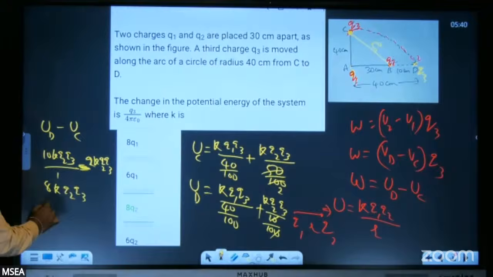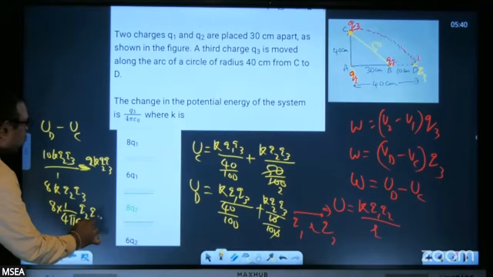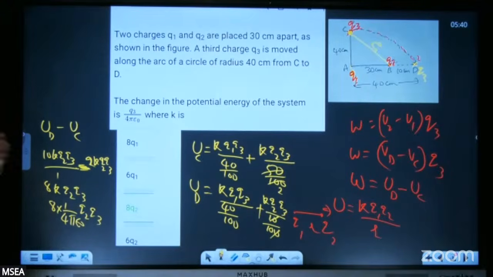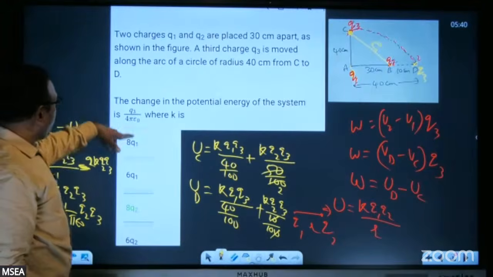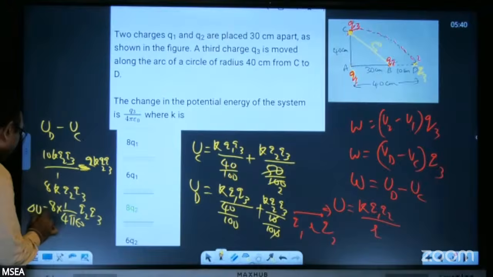Where K is nothing but 1 by 4 pi epsilon naught, so this is Q2 into Q3 by 4 pi epsilon naught. So this is the change in potential energy.